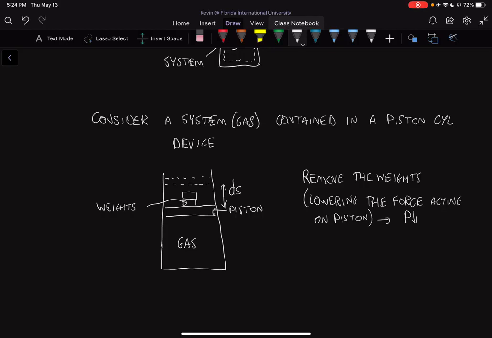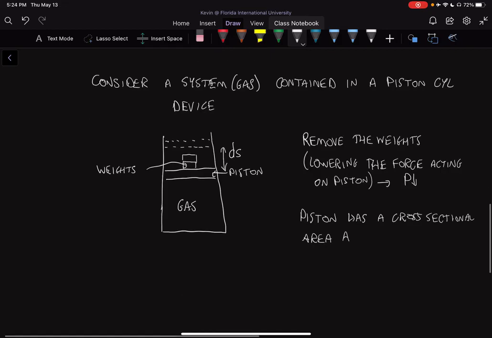And we also know that the piston has a cross-sectional area A. Okay, and we're also told that it has an initial pressure P. So the system has an initial pressure called P.